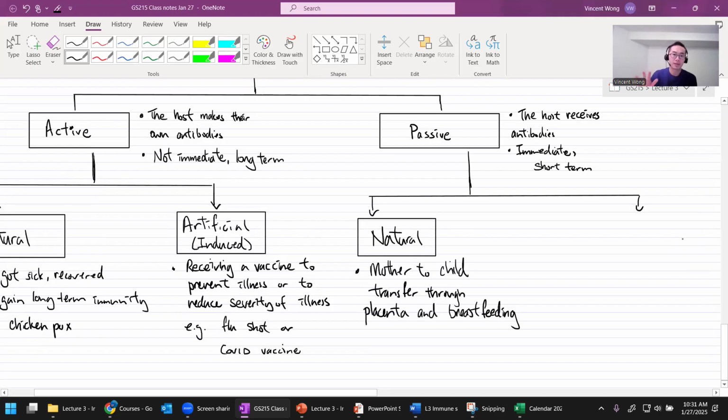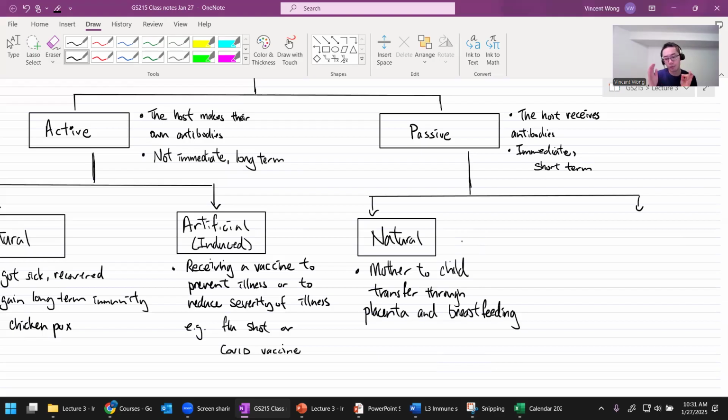Okay. But remember, this transfer happens because the baby did not go through the activation of T cells and B cells; it is just receiving the antibodies from the mother. If the baby comes out and is not breastfed, then those antibodies will not last, right? And when the breastfeeding stops, the antibodies that were already transferred don't last forever. Eventually, when the kid grows up, they would have to create their own immunity, right?